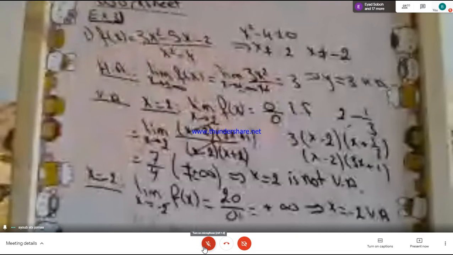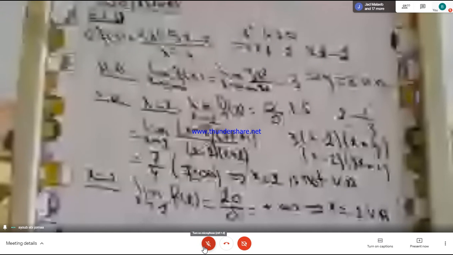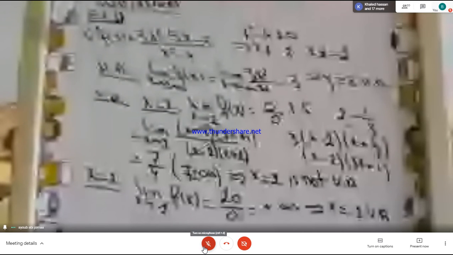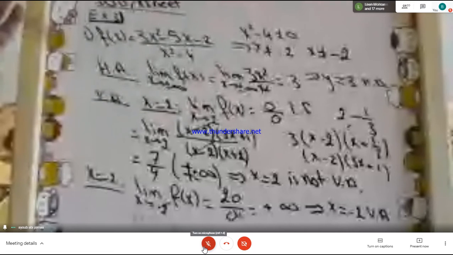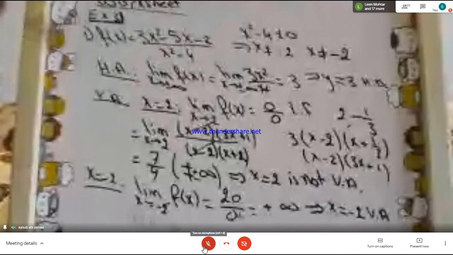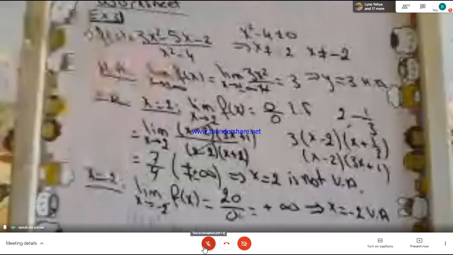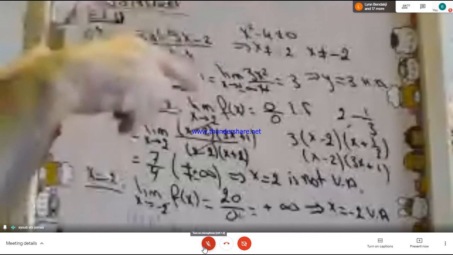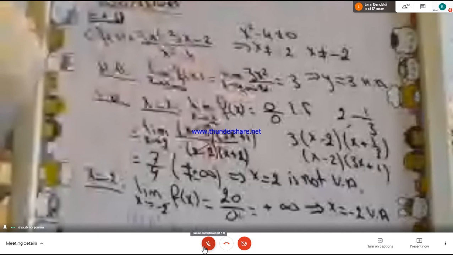So the line of equation y equal 3 is the horizontal asymptote. Right. Now to find the vertical asymptotes, if any. Even if you read the statement of the question: determine all horizontal and vertical asymptotes, between two brackets, if they exist. Sometimes you don't have any.